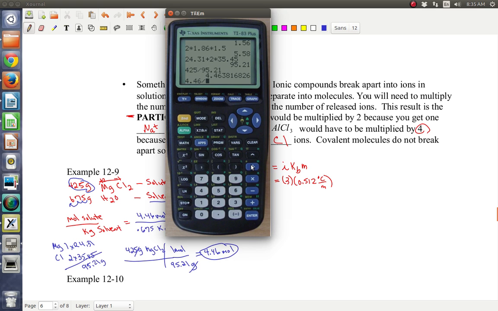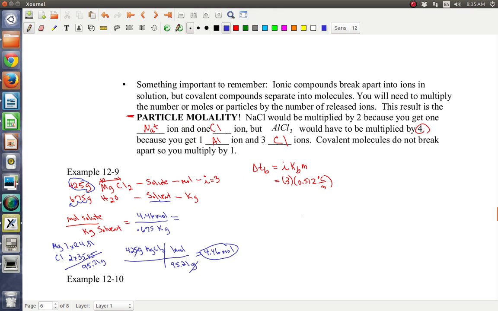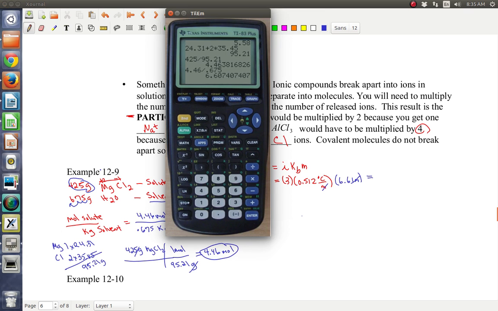Now I can calculate the molality. 4.46 divided by 0.675. And that is 6.61. 3 significant figures again. 6.61 little m. Okay, that's what I got to put over here now. Now the little m's will cancel. And I'm going to do my math on this part and figure out what the change in the boiling point is.